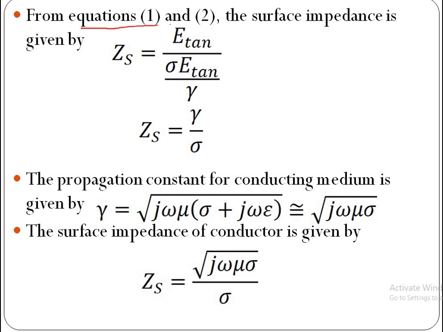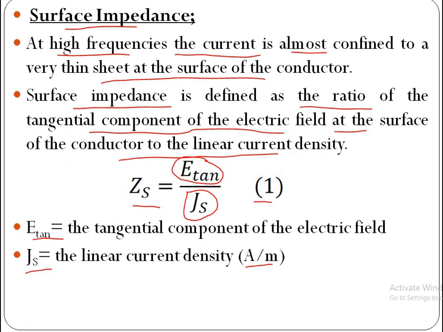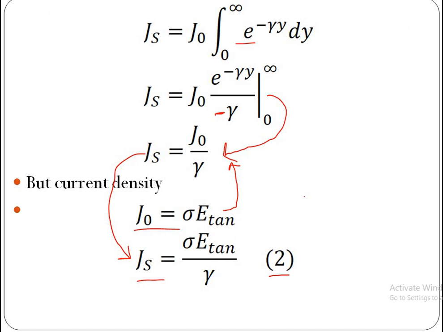From equations 1 and 2, the surface impedance is given by, what is equation 1? Surface impedance Z suffix S is equal to E tangential component by Js. Now substitute the value of Js from equation 2 in this equation.